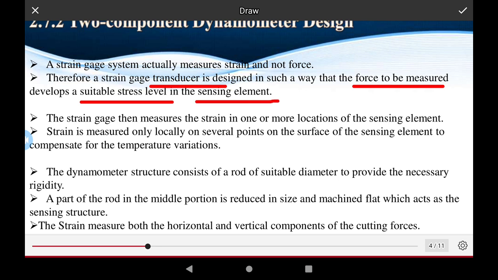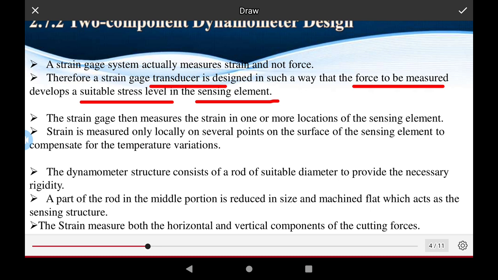The strain gauge measures the strain in one or more locations of the sensing element. Strain is measured only locally, at several points on the surface of the sensing element, to compensate for the temperature variation.